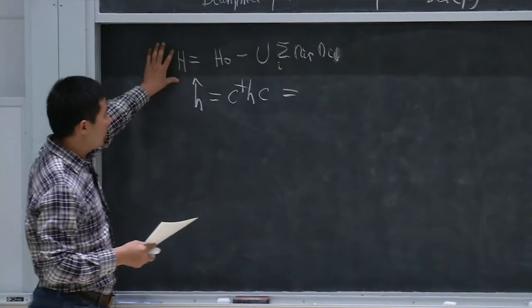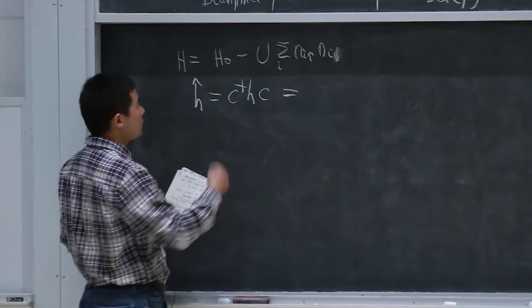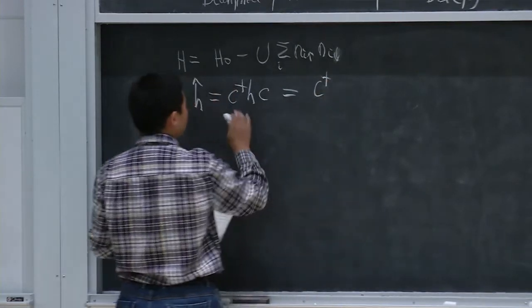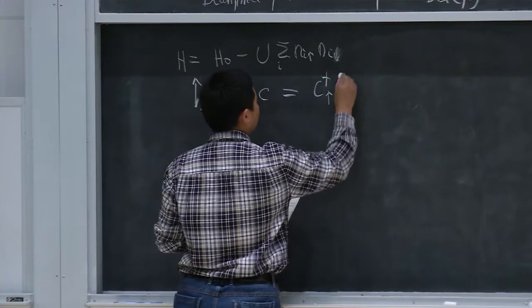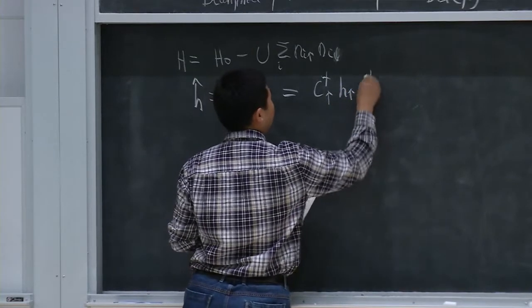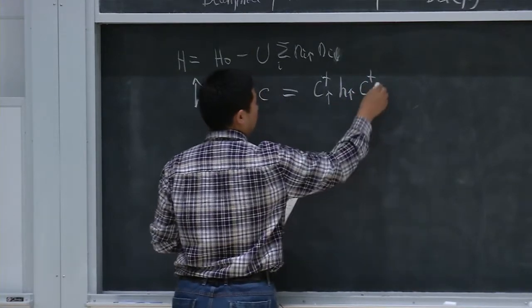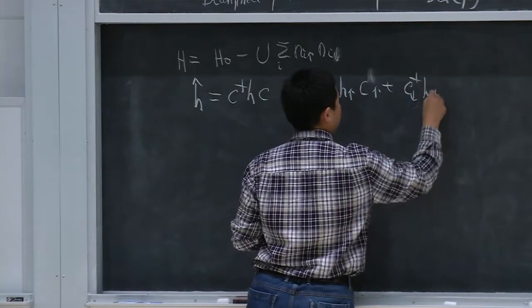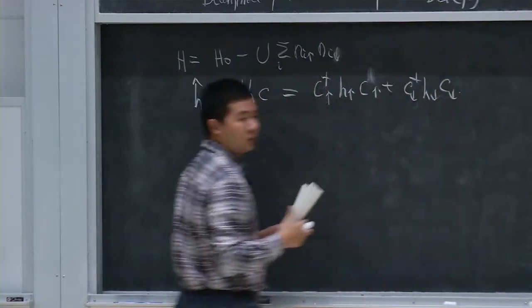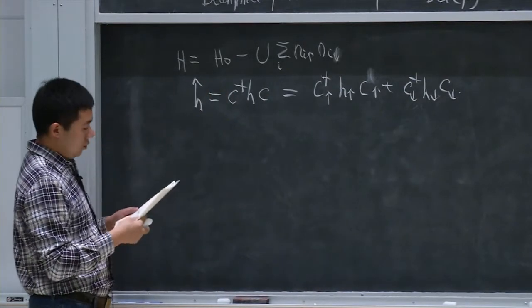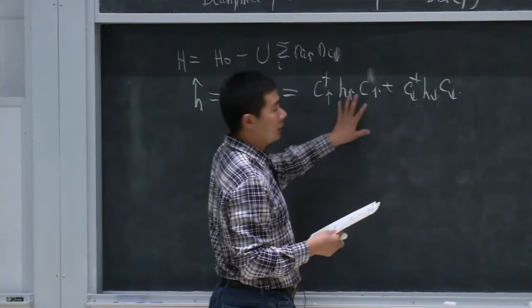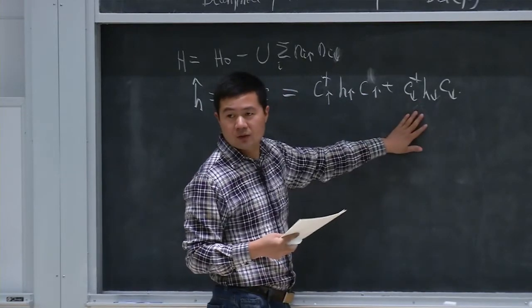For this attractive Hubbard model, we can choose a Hubbard-Stratonovich transformation such that this H can be written as a sum of a spin-up part plus a spin-down part. Moreover, the spin-up part and spin-down part are time-reversal partners of each other.